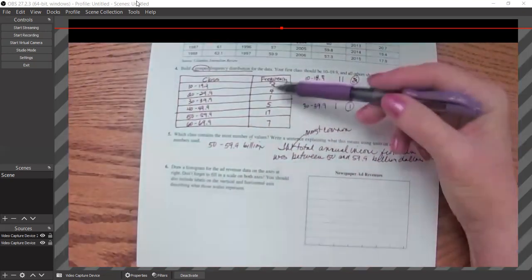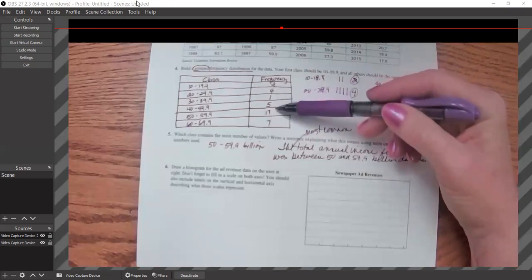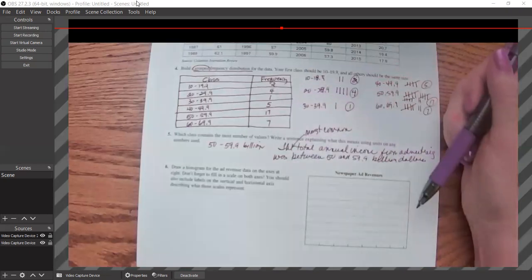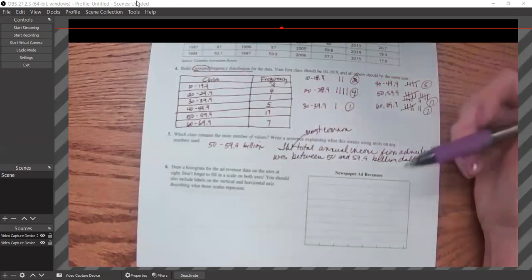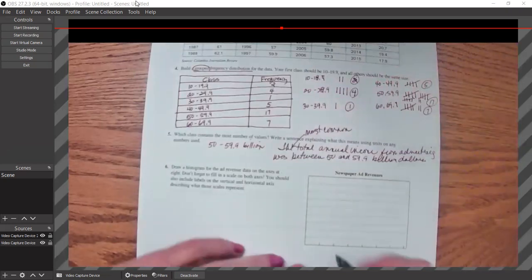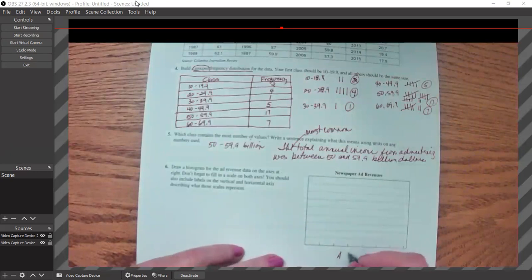And so now here they want us to draw a histogram for this advertising revenue. Don't forget to fill in the axes. You should also include labels. All right, so I'm going to put down here ad revenue in billions.